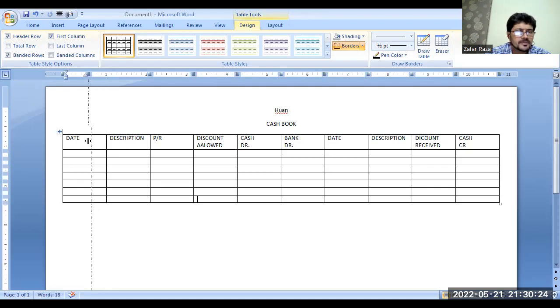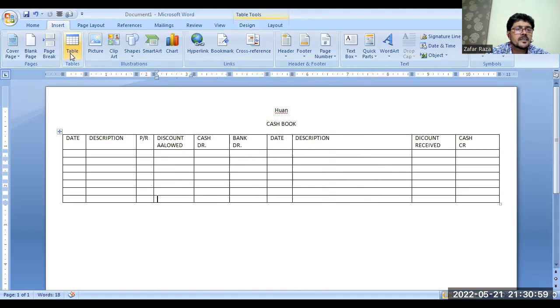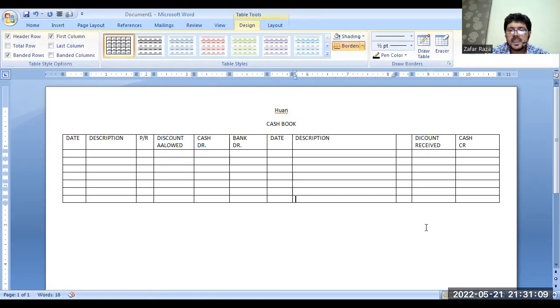So what we do, here we need a column for reference. This is the PR column.